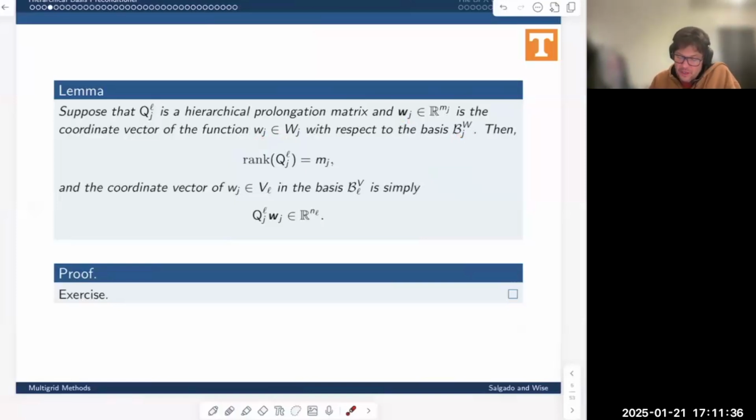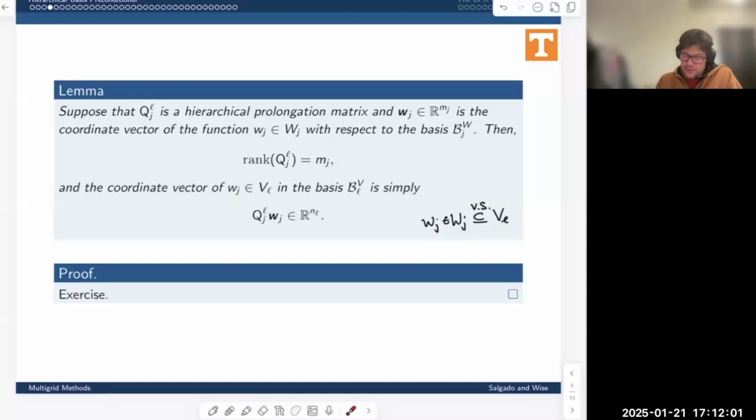So then the coordinate vector of WJ. Remember, I just said it and I'll say it again: capital WJ is a vector subspace of VL. So that means I can skip this basis and write this guy in this basis.